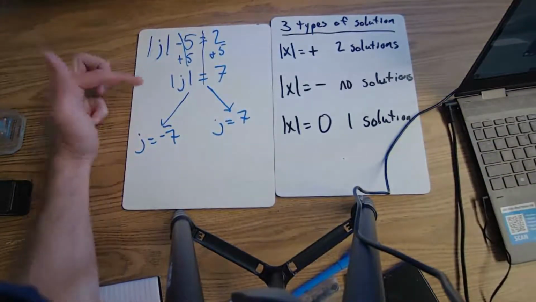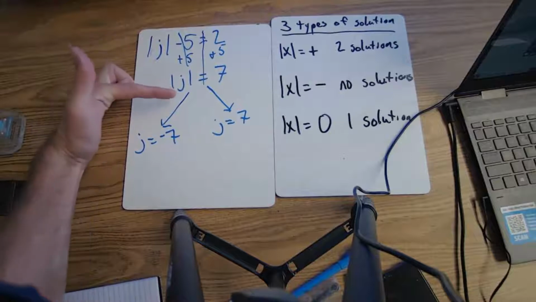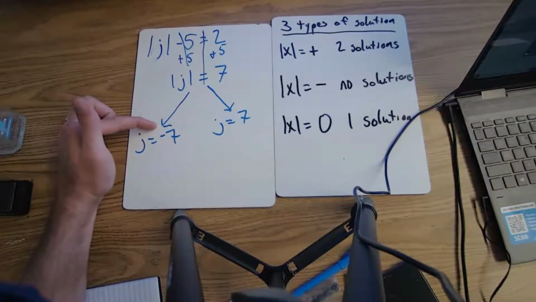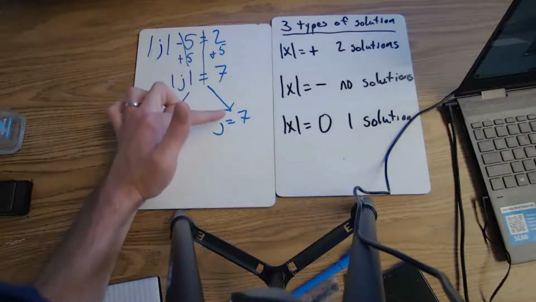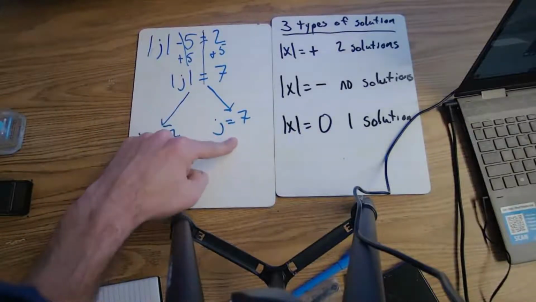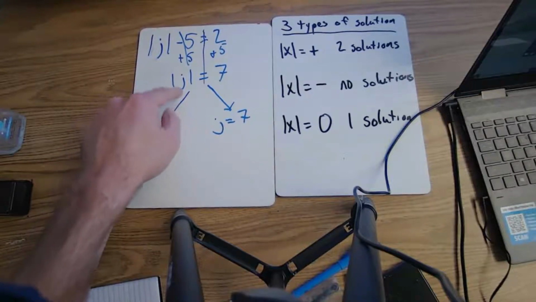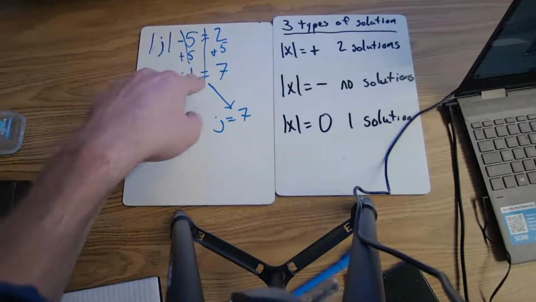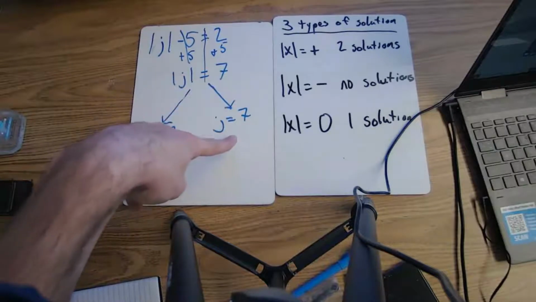Okay? So what I like to do is I like to draw these little arrows and go off to the side and create my negative equation and go off to the side and create my positive equation. Okay? What happens to get rid of your absolute value bars, to cancel them out, you have to split the equation.